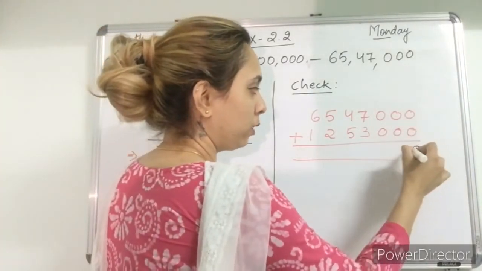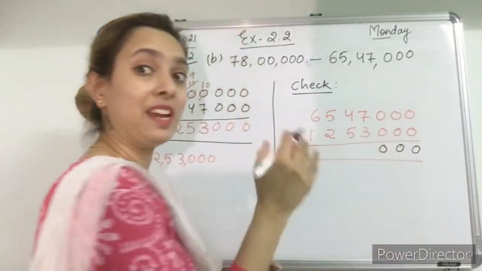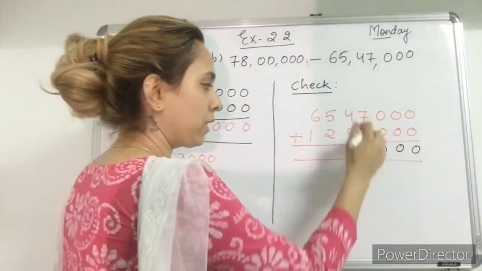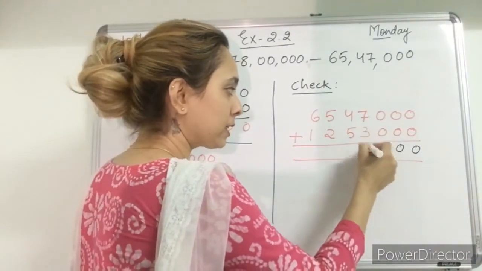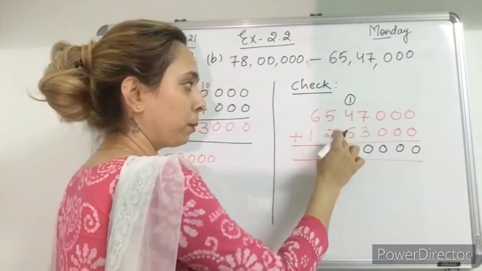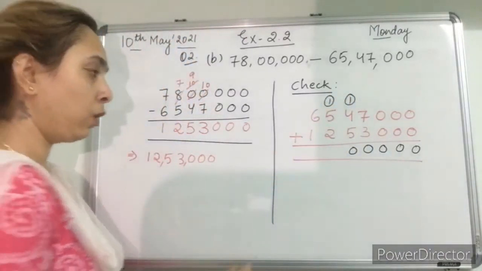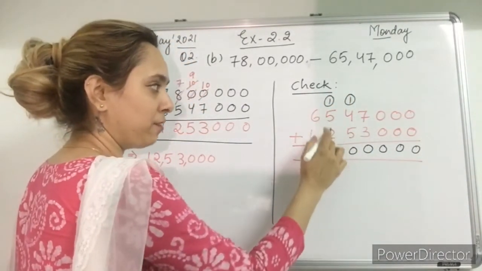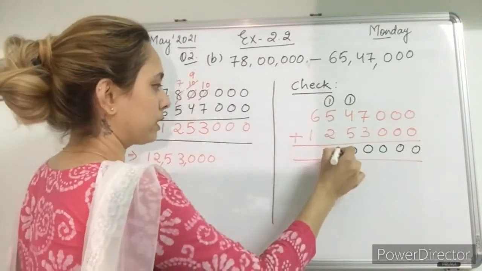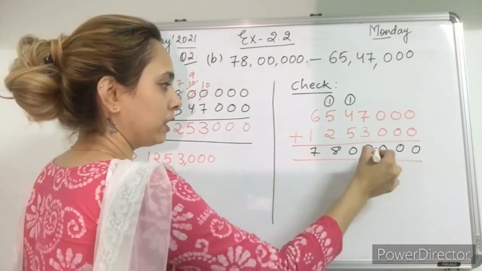So here 0, 0, 0, we have to add. So 7 plus 3 is 10, 4 plus 5, 9, again 10. Now 5 plus 2 is 7, 7 plus 1 is 8, 6 plus 1 is 9.